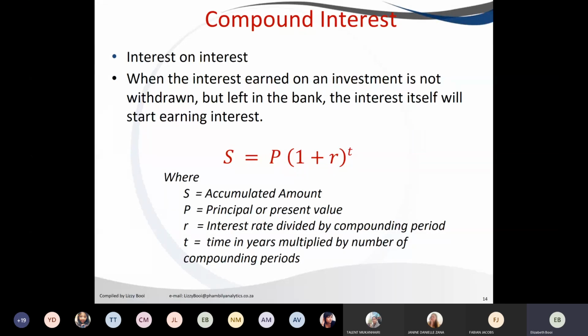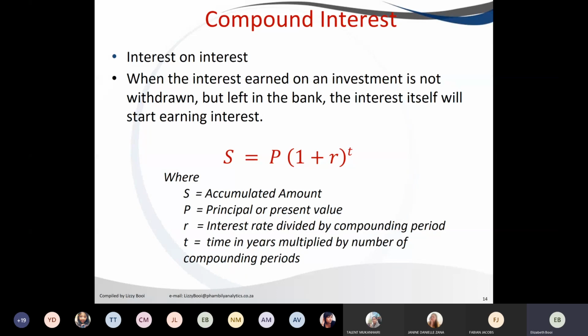Compound interest is interest you pay on top of interest. When you borrow money and you have to pay compounded interest, it means if I say I'm going to pay on a monthly basis, my interest, if it's 12%, is split into 12 months.